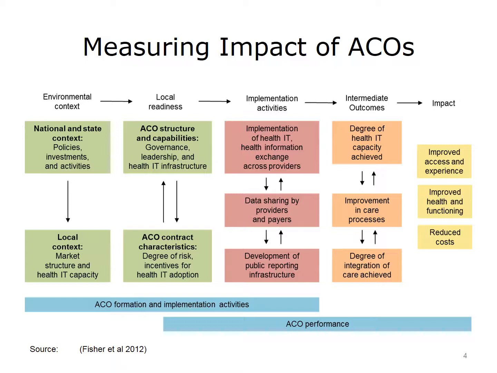That is, implement health information technology and health information exchange across programs and across the different entities that make up the ACO, achieve robust data sharing by providers and with payers, and develop the infrastructure to support public reporting on quality and spending performance.